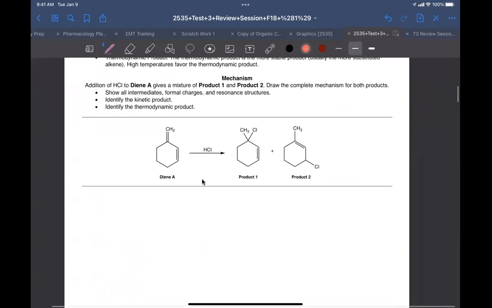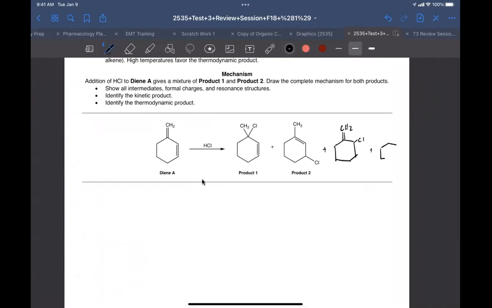So right here, this mechanism or this shorthand is kind of misleading because there are actually 2 other products that can come from this. The other 2 products look something like this: CH2, Cl, and then something like this, double bond here, CH2, and a Cl as well right there.